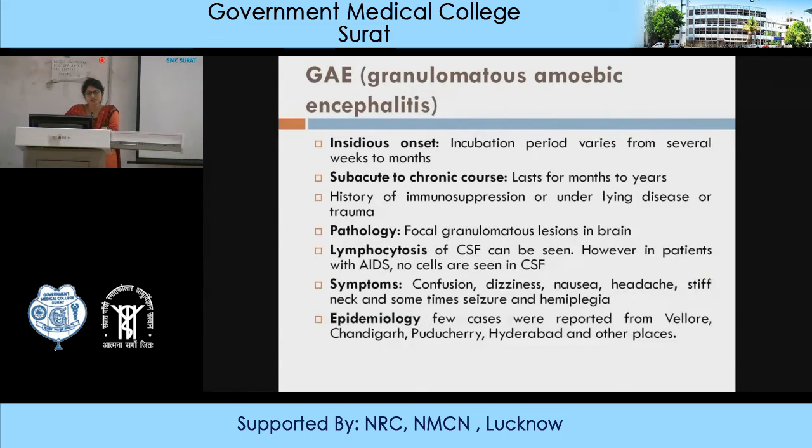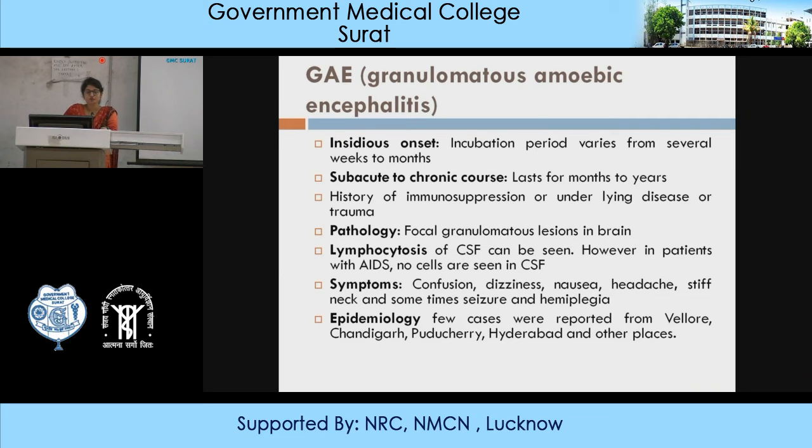The second manifestation is granulomatous amoebic encephalitis, which occurs if Acanthamoeba enters through inhalation and traumatized skin. They mainly cause infection in the CNS in the form of granulomatous amoebic encephalitis, and mainly immunocompromised patients are involved. They produce focal granulomatous lesions in the brain.